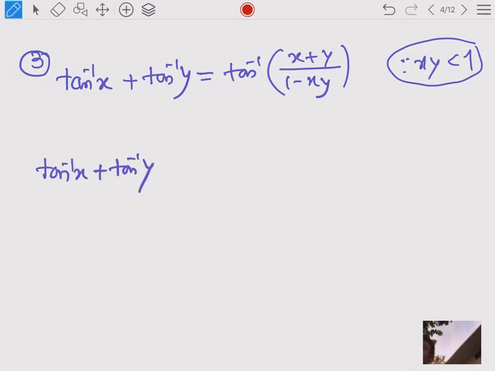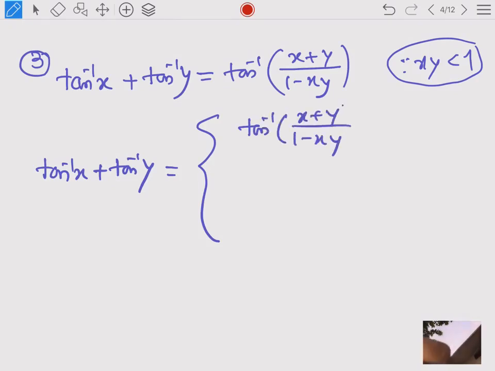If not given, then you have to write that tan inverse x plus tan inverse y will be written as tan inverse of x plus y upon 1 minus xy, when xy is less than 1. Maybe xy greater than 1 comes, in this condition it will be written as pi minus tan inverse.